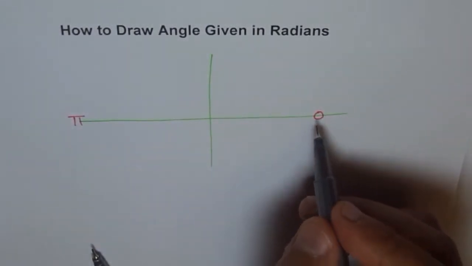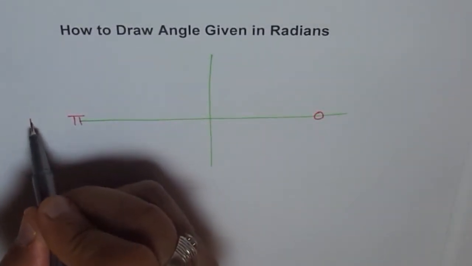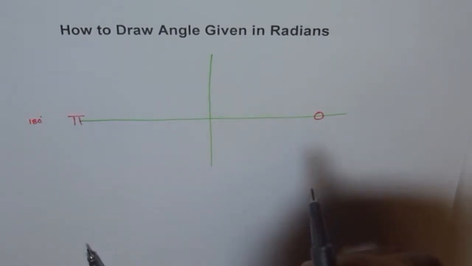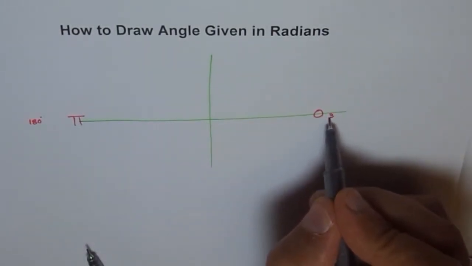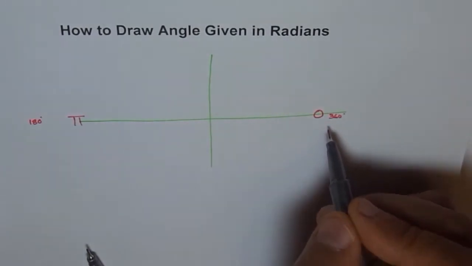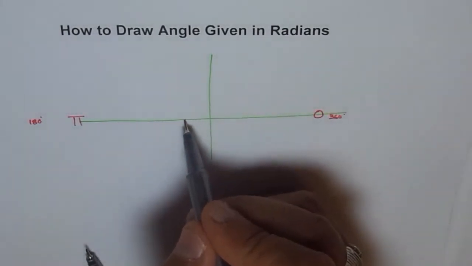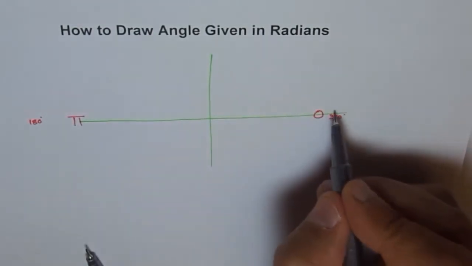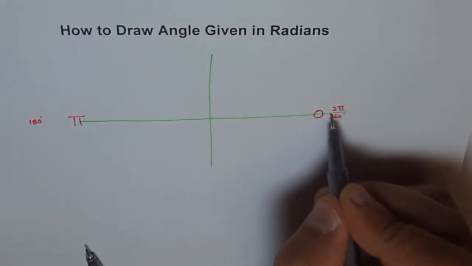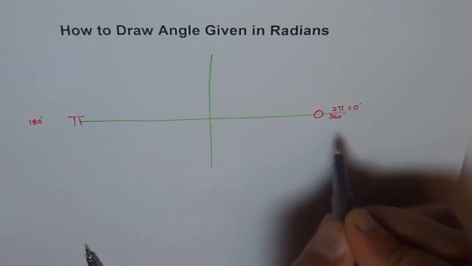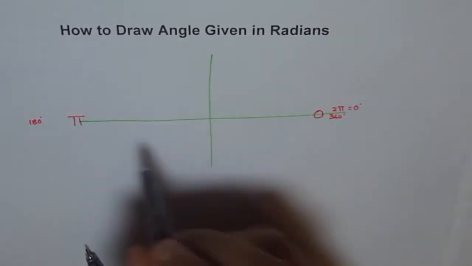So we write 0 to 180 for degrees, and then it comes to 360, which is kind of 0. In radians, we go from 0 to pi, and then it makes it 2 pi, right? So 2 pi is equal to 0 degrees for us. It's like one full circle, right?